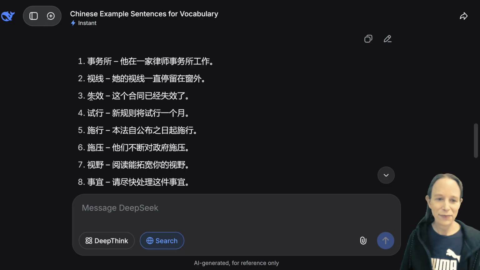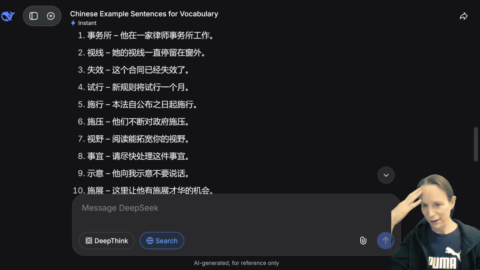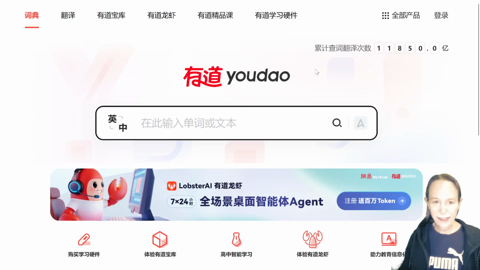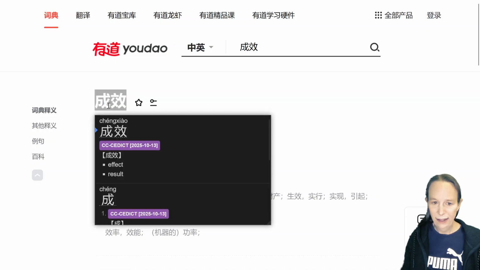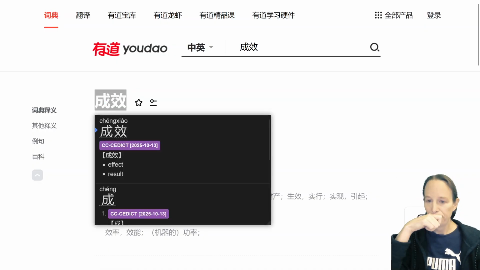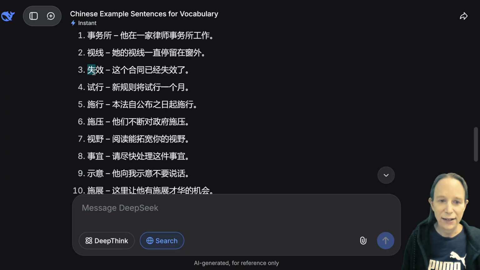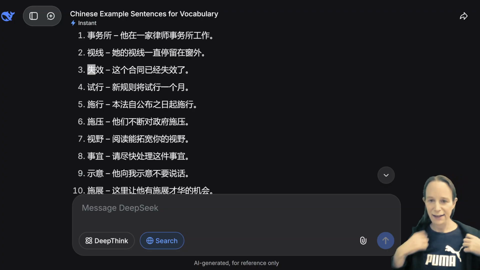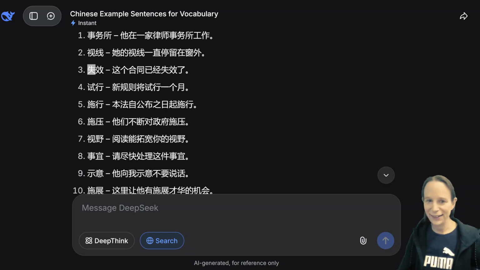Let's continue. 失效. Okay, so 失效 would be the antonym of 成效, right? Is it 成效? I'm not 100% sure. Let's think about it. 失效, 失 meaning to lose. In this case, it would be to go from a state of existence to a state of non-existence. 效 here would be efficacy.